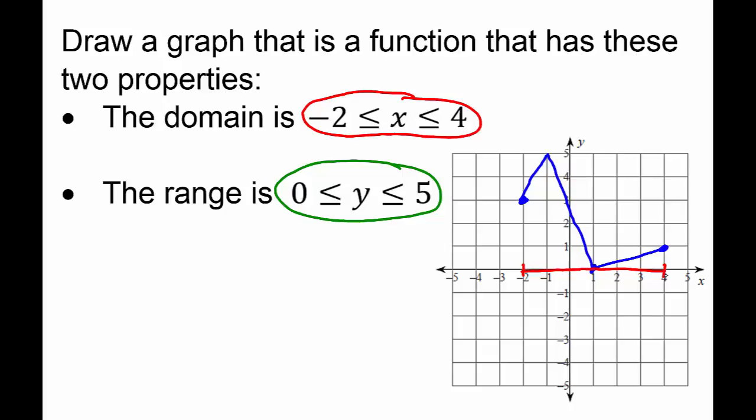So it has a domain with x's between -2 and 4. Looking at the y-axis, this graph goes from 0 to 5. So it has a range with y's between 0 and 5.